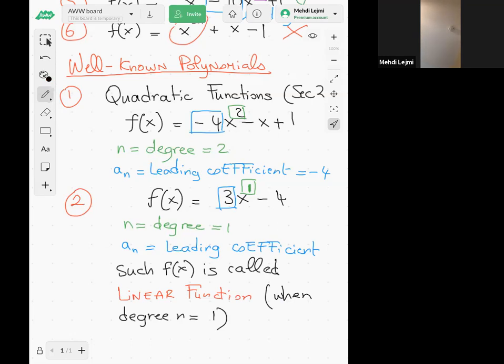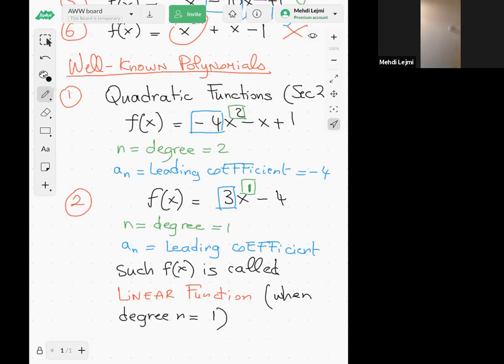We are supposed to know how to graph linear functions. Linear functions are functions of the form ax plus b, where the highest power of x is 1. The graphs of linear functions are just straight lines. Graphs of quadratic functions are parabolas.